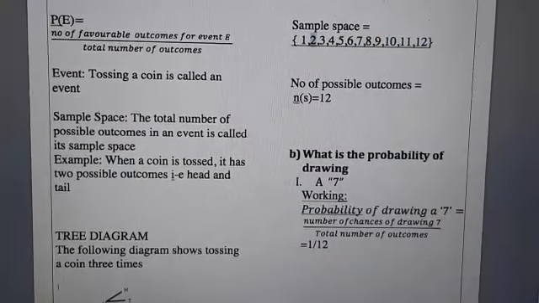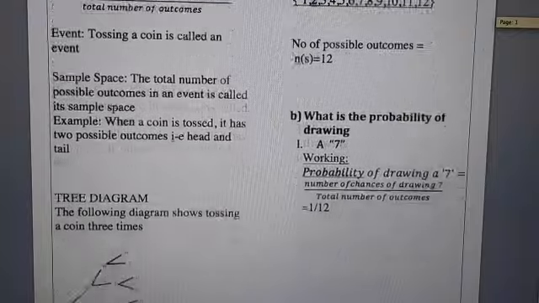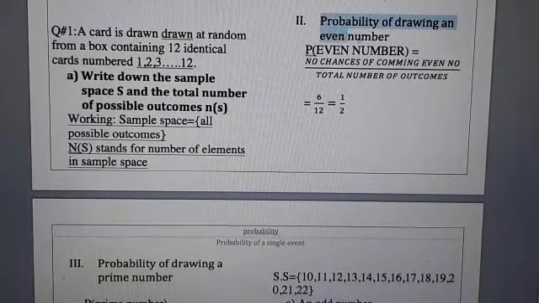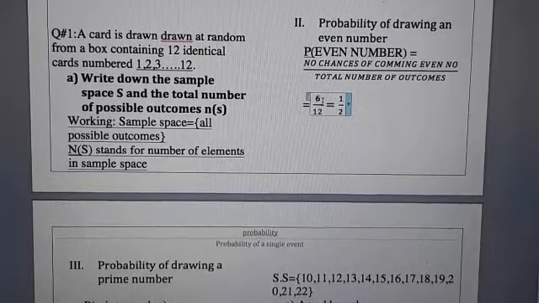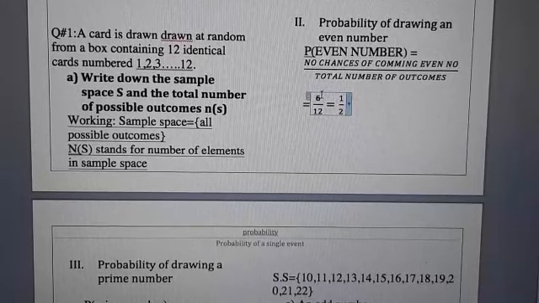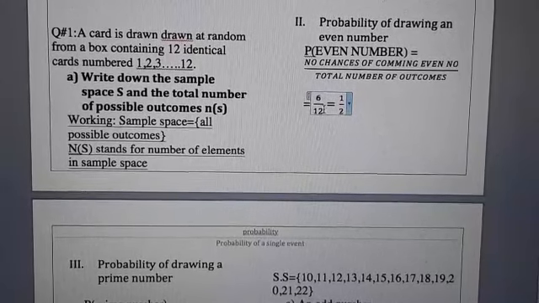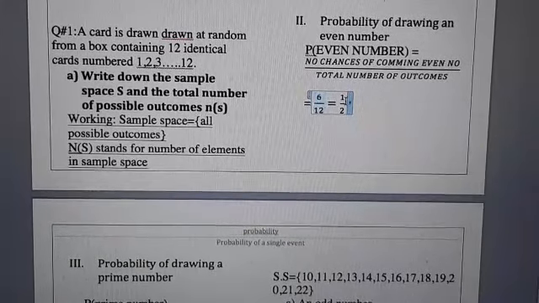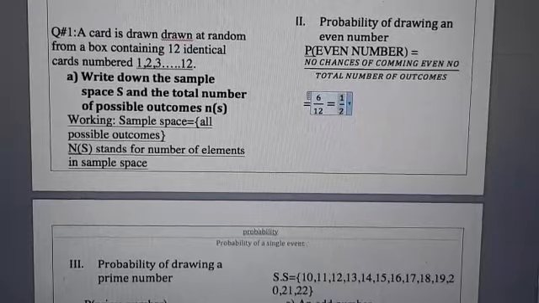So we have 6 even numbers in the sample space. So the probability of drawing an even number will be 6, the chances that an even number will come, divided by the total outcomes, which are 12. Simplification gives you 1 over 2 as the probability of drawing an even number.